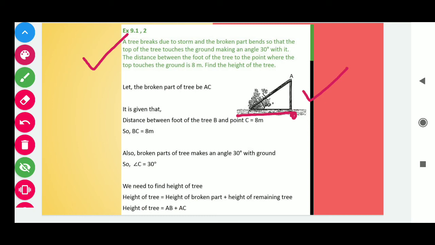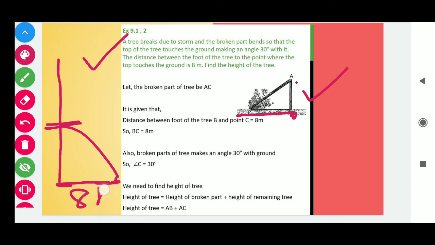Students, due to a storm, a tree breaks down. You can see in the diagram, suppose the total height of the tree is this one, and it breaks from this side and bends to the ground, and the distance between the foot of the tree and the top that touches the ground is 8 meter.